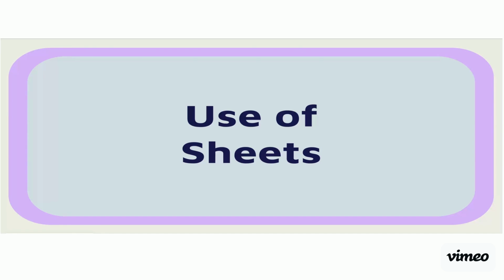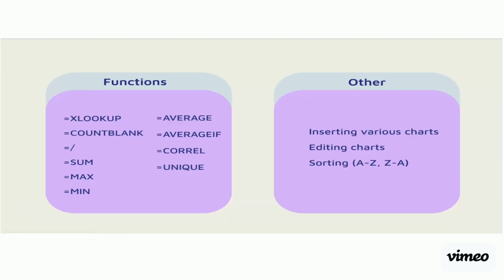Quickly, before I get into some of my findings and visualizations that I made, these are some ways that I used the sheets when I was looking at my data. Some of the functions that I used, I found the unique function. That was one that I used a lot.